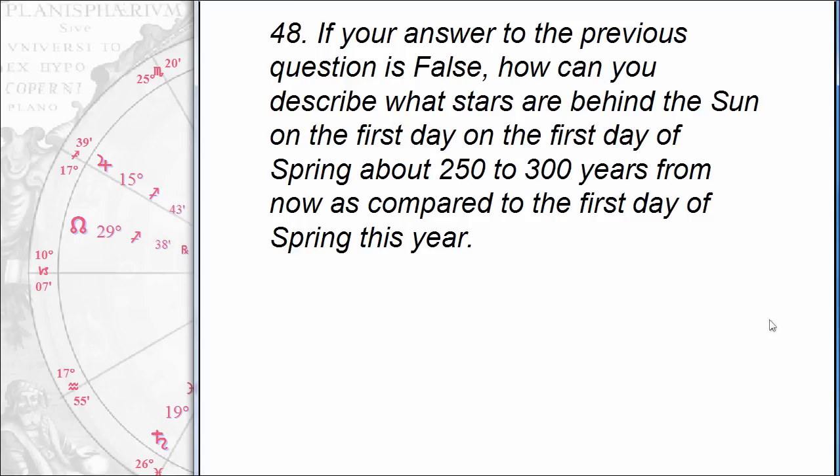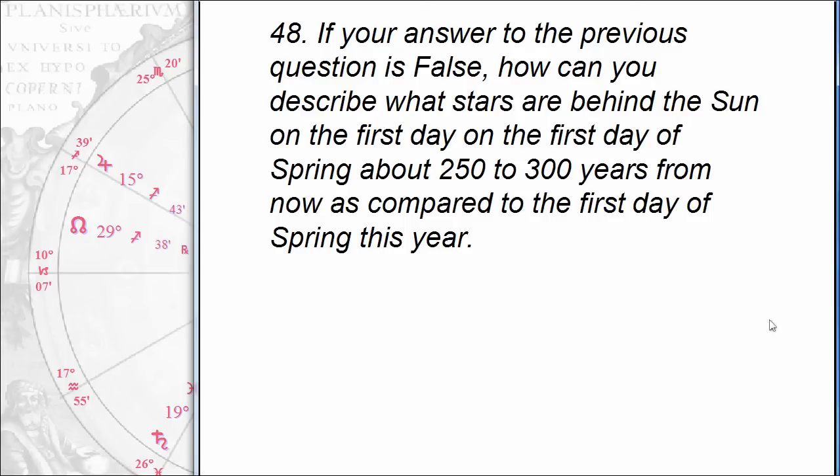And to get more specific about it, if your answer to the previous question is false, and it is, how can you describe what stars are behind the sun on the first day of spring 250 to 300 years from now, as compared to the first day of spring this year? So say 275 years or so from now, can you describe what stars are behind the sun on the first day of spring relative to today?